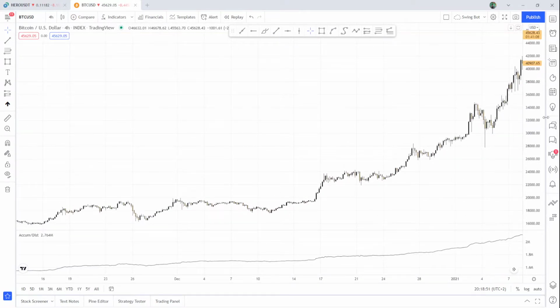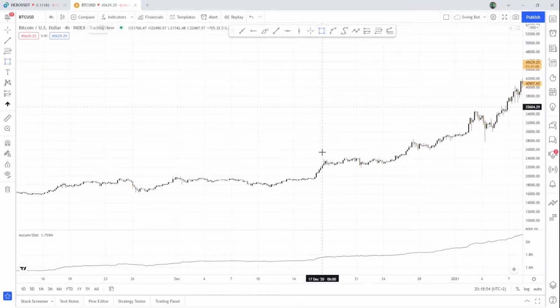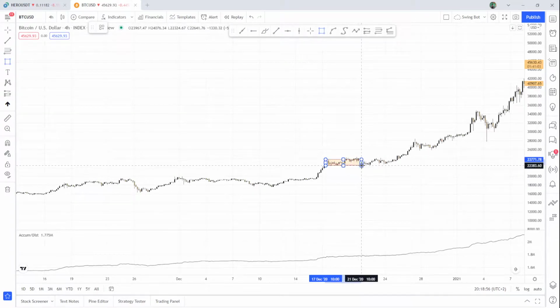Here we have an accumulation zone, this one here.